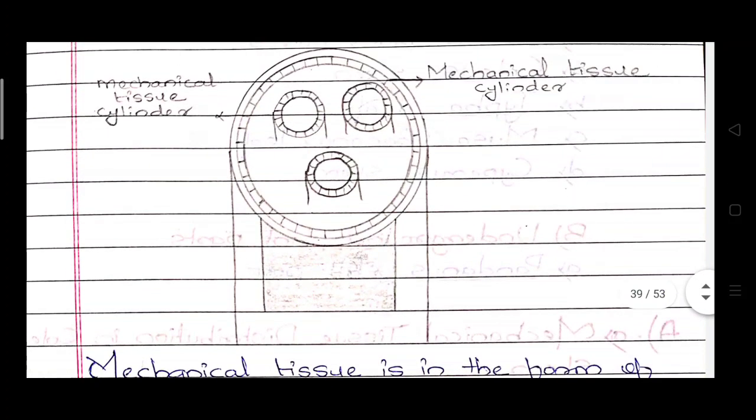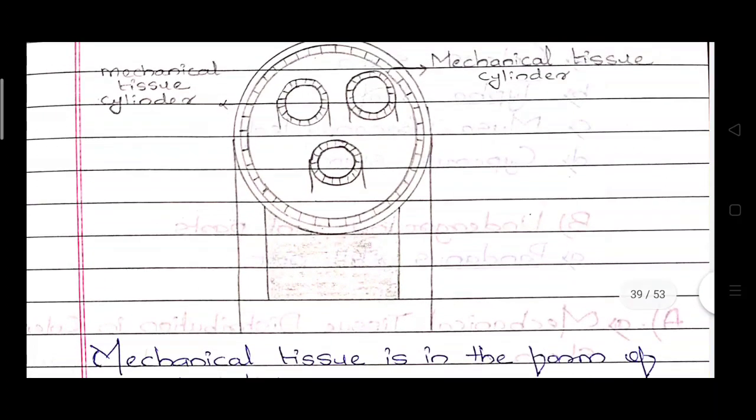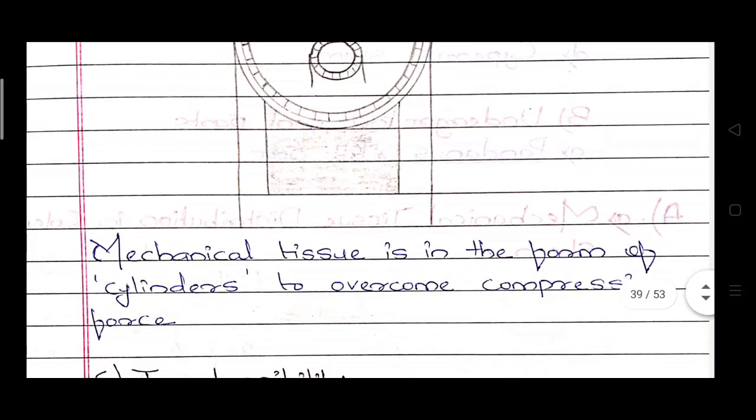In the case of the stem, this cylinder will be formed. These mechanical tissues are arranged in a cylindrical form, so they can overcome or reduce the compression force.